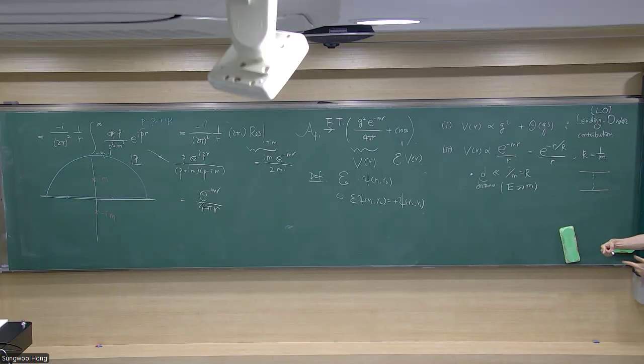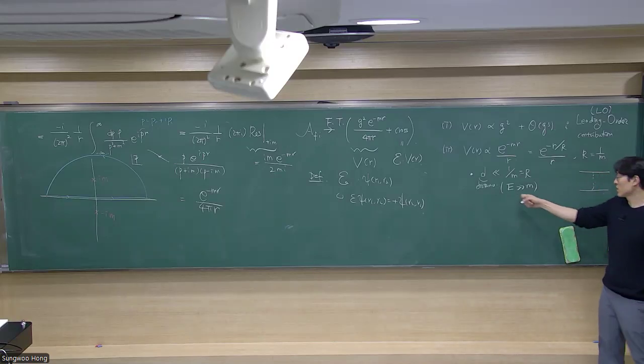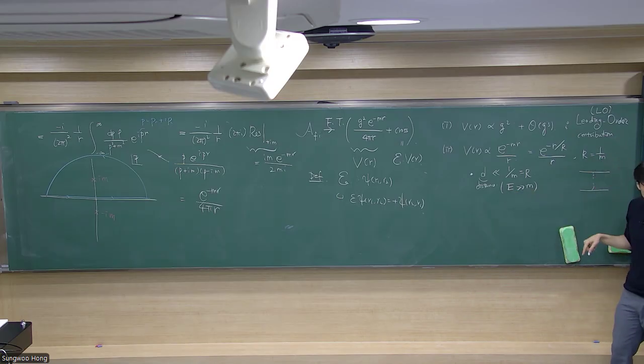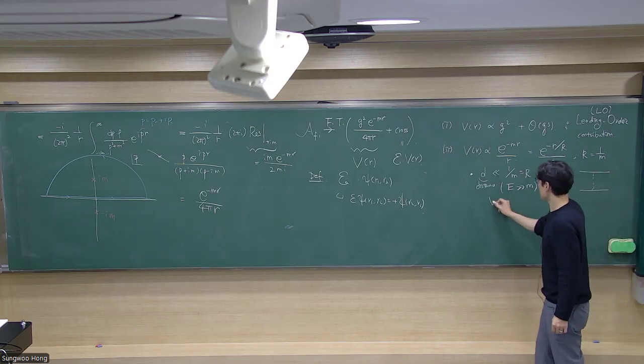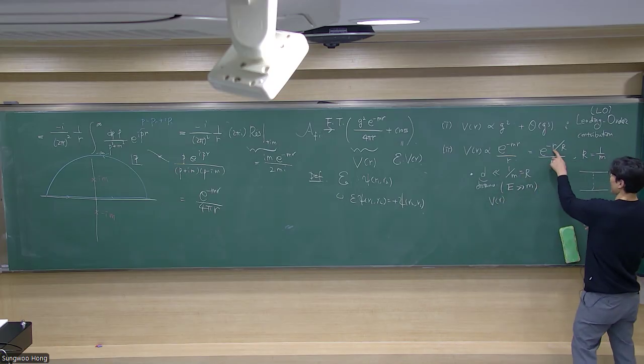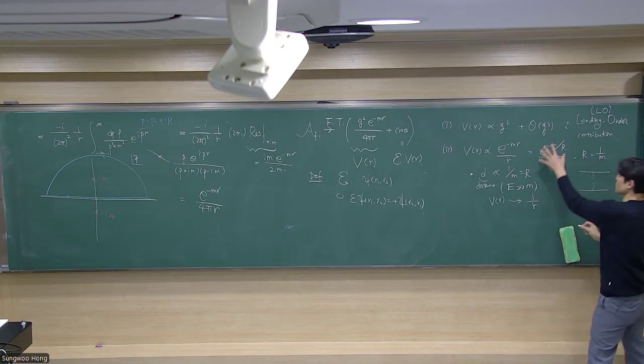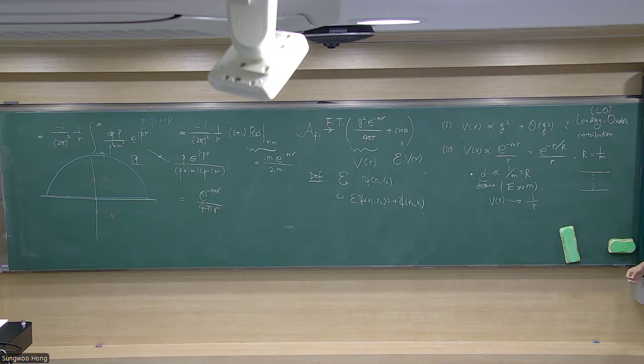So if I collide a particle at energy or momentum transfer much larger than the mass of the exchanged particle, that's what I'm asking. Then, mathematically, if I take the limit where R goes to zero, it just asymptotes to 1 over R, because the exponential factor becomes almost unity.